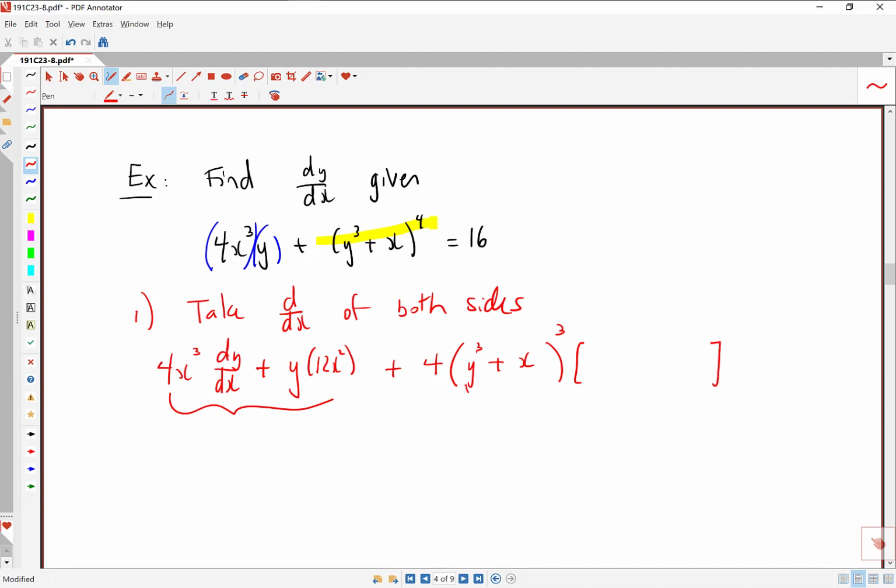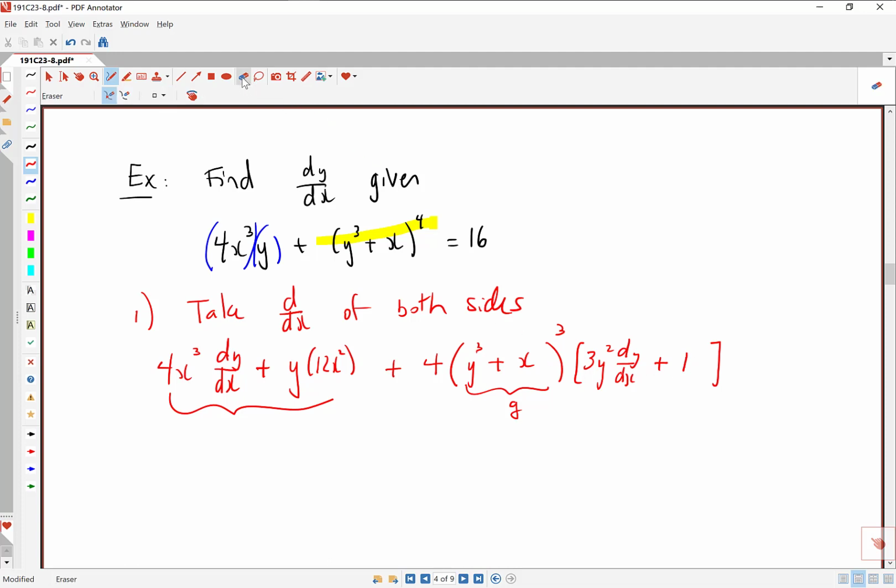So think of this stuff here as being our g, our inside function. Remember when we were talking chain rule, we always called that inside function g. So we need to multiply by the derivative of this thing. Okay, so we'd say, well, the derivative of y cubed is 3y squared times dy by dx, because we just differentiated a y term, plus the derivative of x with respect to x is 1.